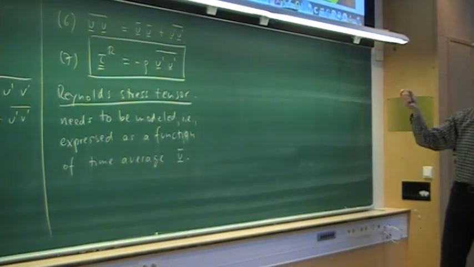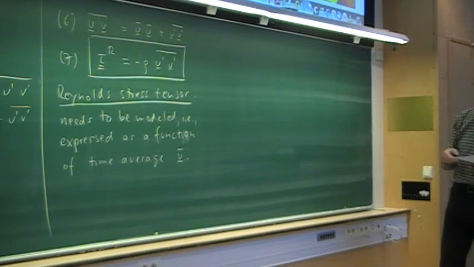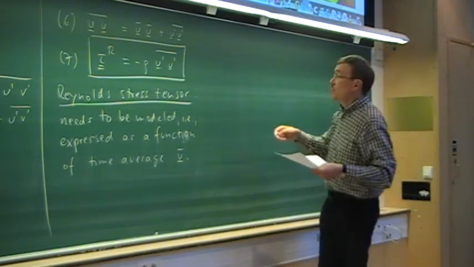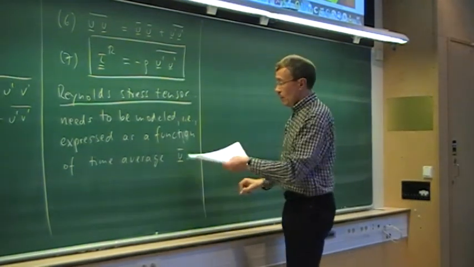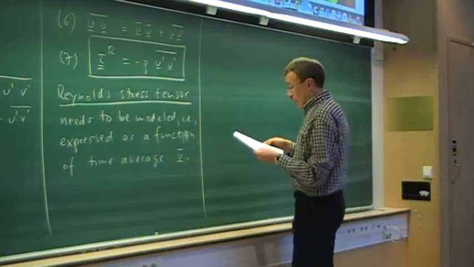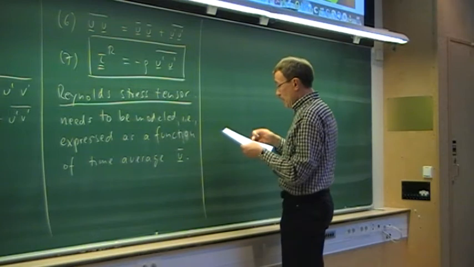And then we have this new quantity appearing by the time averaging of the nonlinear terms, so then we have to relate that in some way to the means. And that leads then to the Reynolds averaged momentum equation.